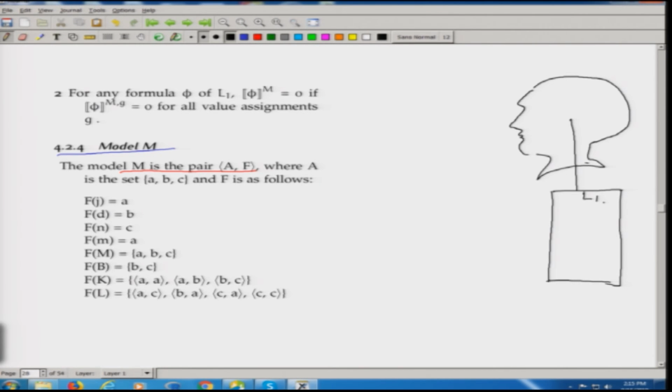The language has got names D, N, J, M. Also, it has one-plus predicates M and B, and two-plus predicates L and K. And it has variables like X, Y, Z, and many others.